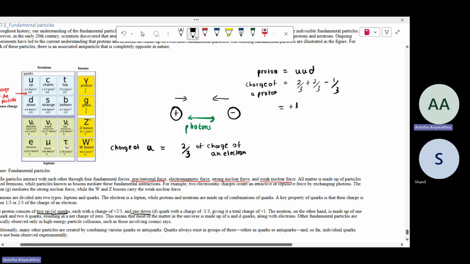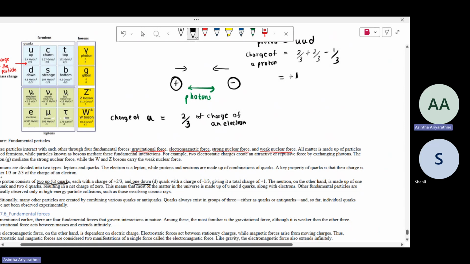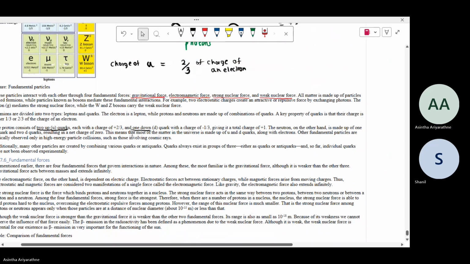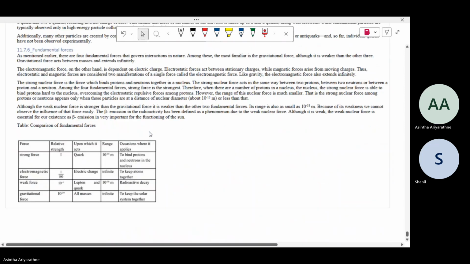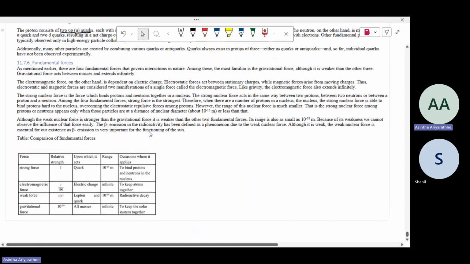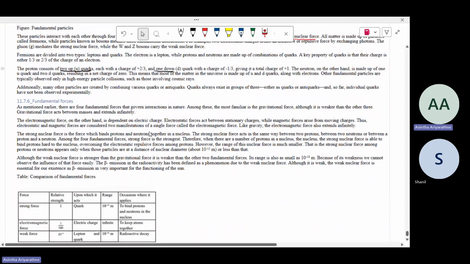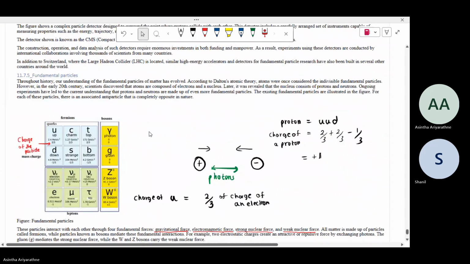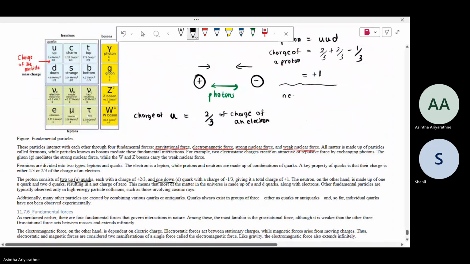Likewise, a neutron is made of 1 U quark and 2 D quarks: UDD.